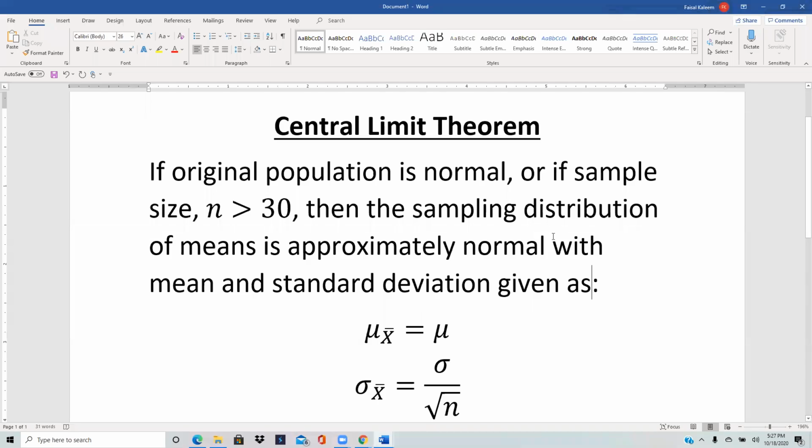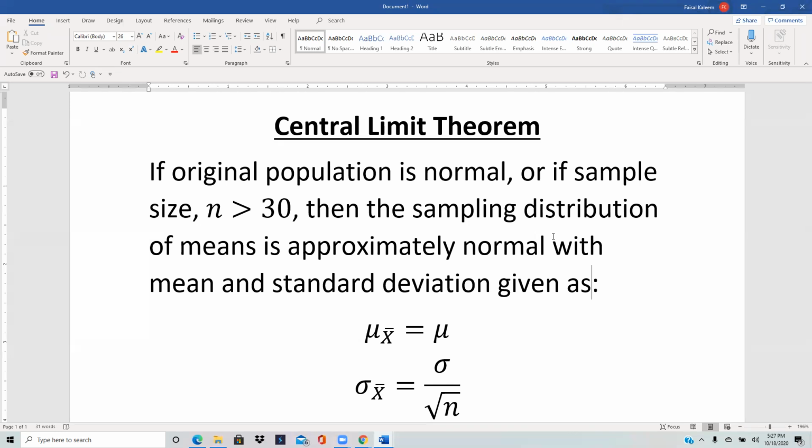Chapter 8 is about the central limit theorem. The central limit theorem is used in a situation where we are answering questions about sample means being greater than or less than or between certain values. For example, suppose we are interested in studying heights of ULM girls.